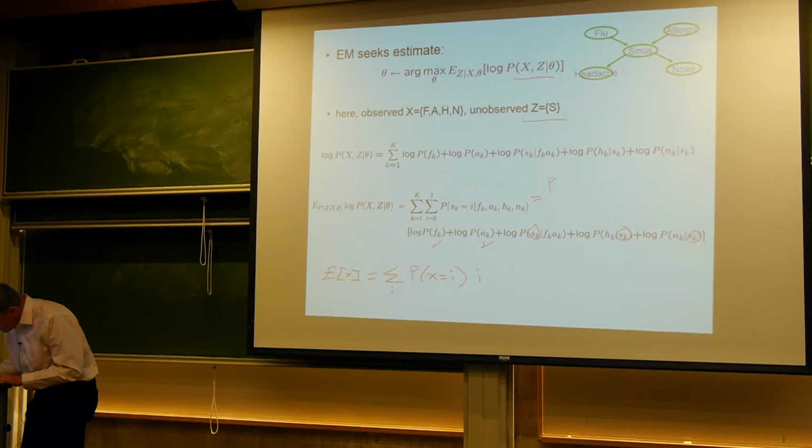It's just the probability that Sk equals 0 and f takes on little f and a takes on little a and little h and little n over the probability of that same thing plus the probability that s equals 1.